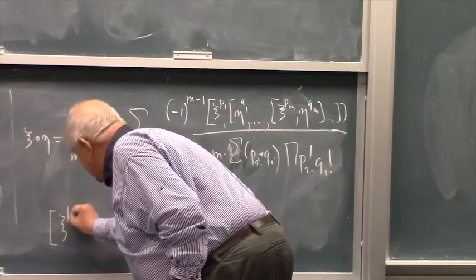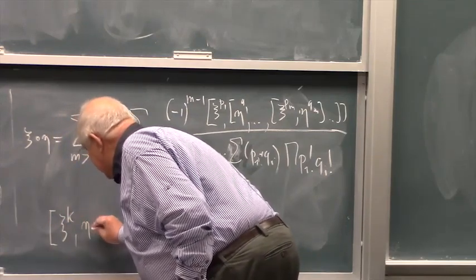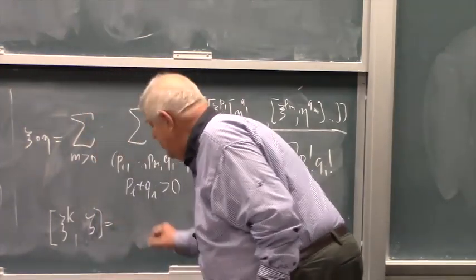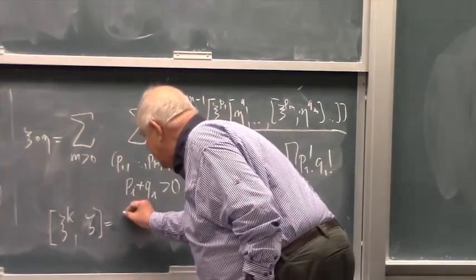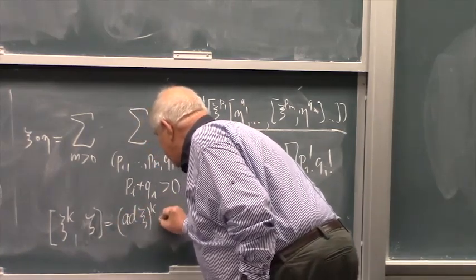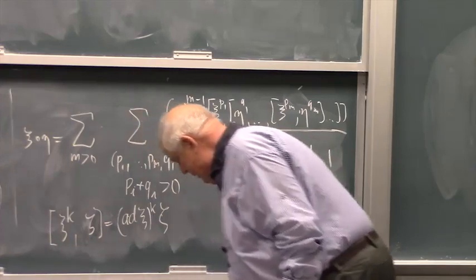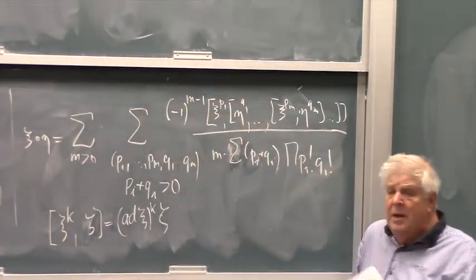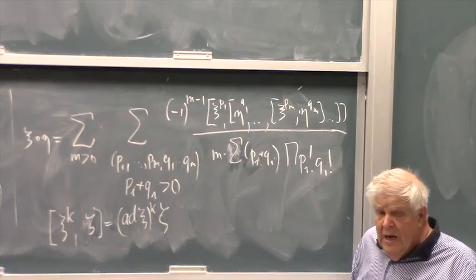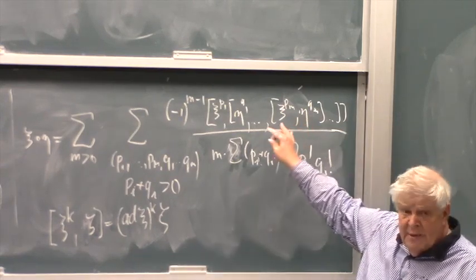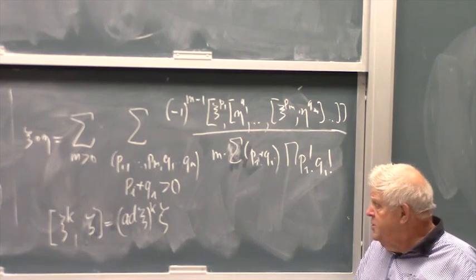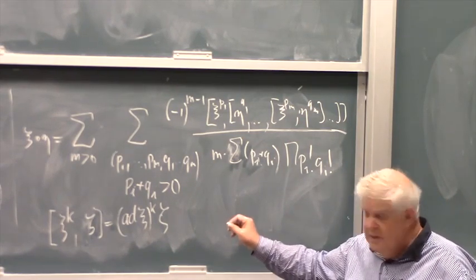Now, what does it mean? c to the power k, applied to zeta, by definition means that we apply ad c to the power k to zeta. That is, we take zeta, take the commutator with c, k times. This requires an explanation. To give this explanation, I need to say that first, there are two possibilities.